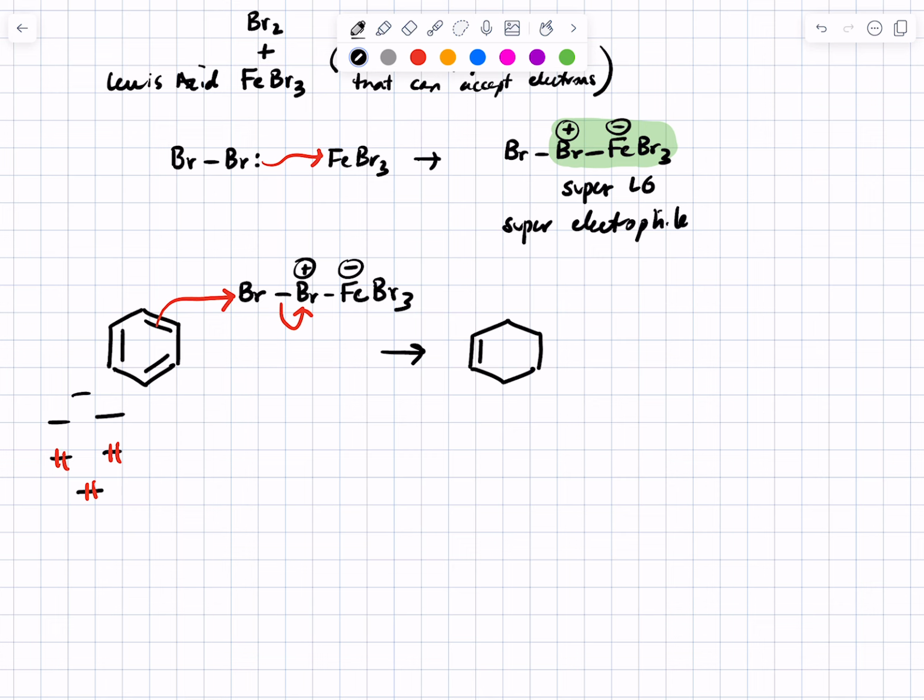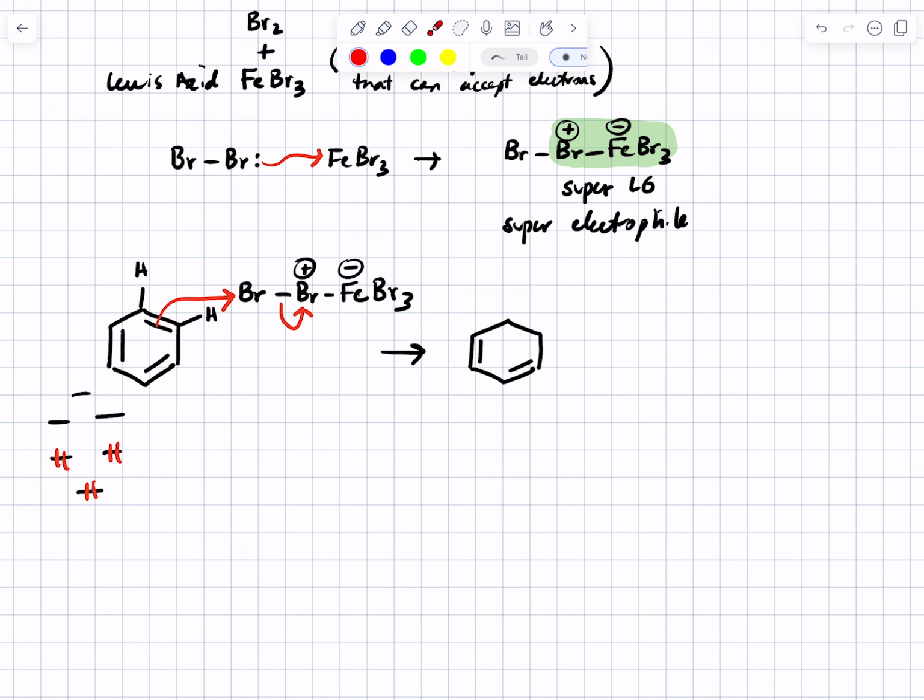Now, in the case of just using benzene as a starting material, one of the carbons is going to get the new electrophile and the other is going to get a positive charge. It isn't going to matter when we're just dealing with benzene because all the carbons are identical. But at a later point, if benzene has additional groups on it, it will matter which carbon gets the electrophile.